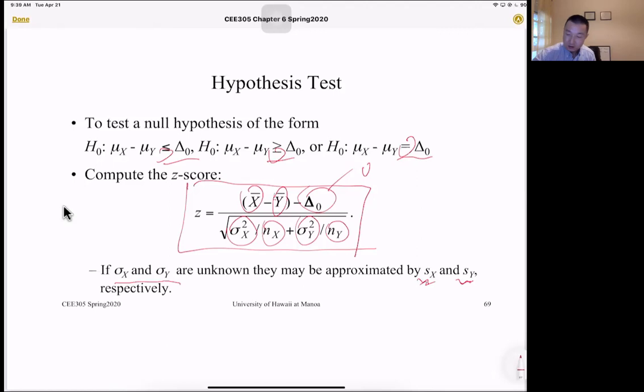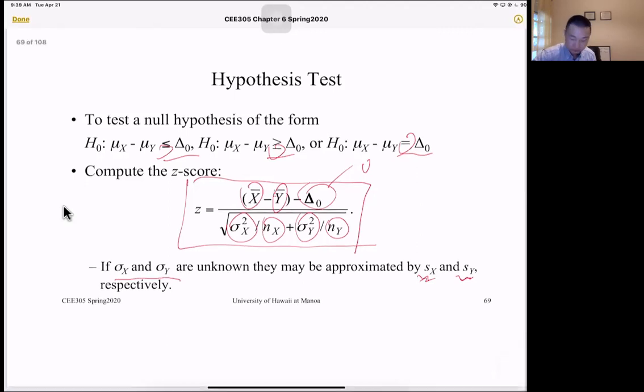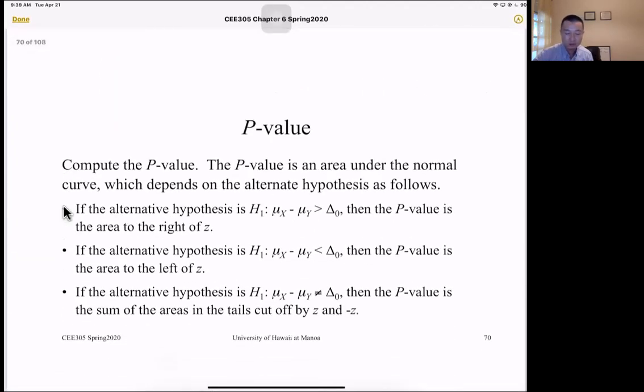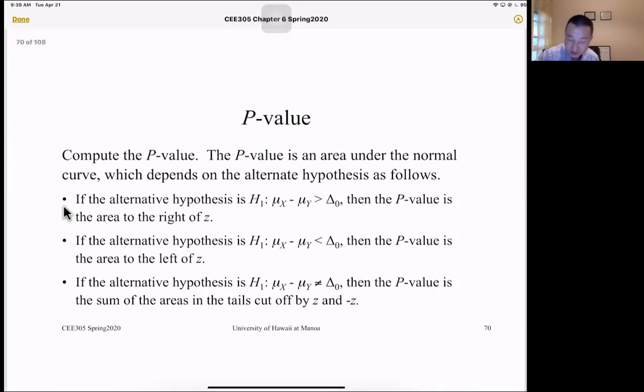And this is how we calculate the p-value, almost exactly the same, depending on how H1 is set up. If H1 is set up as larger than delta 0, then the p-value is to the right of z; if less than, to the left; if not equal, cut off by z and minus z.